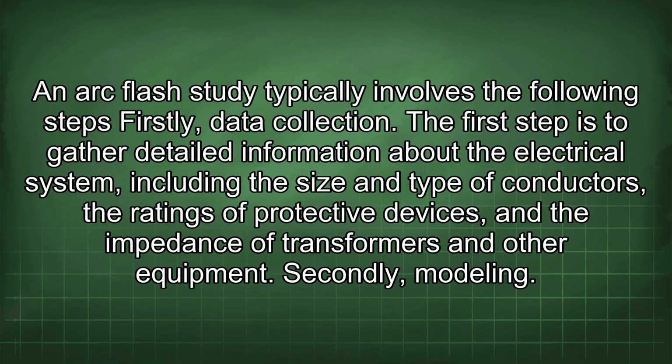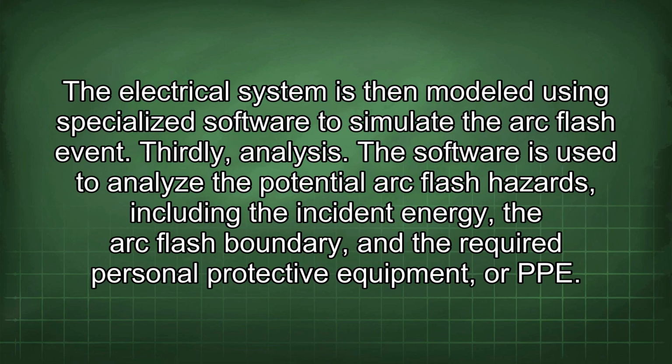Firstly, data collection. The first step is to gather detailed information about the electrical system, including the size and type of conductors, the ratings of protective devices, and the impedance of transformers and other equipment. Secondly, modeling. The electrical system is then modeled using specialized software to simulate the arc flash event. Thirdly, analysis.